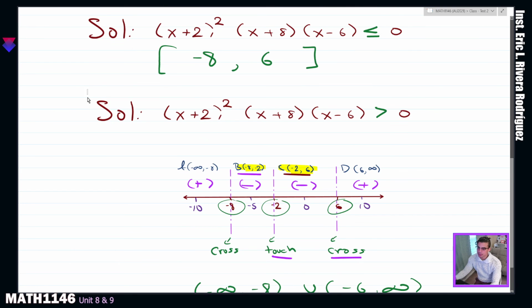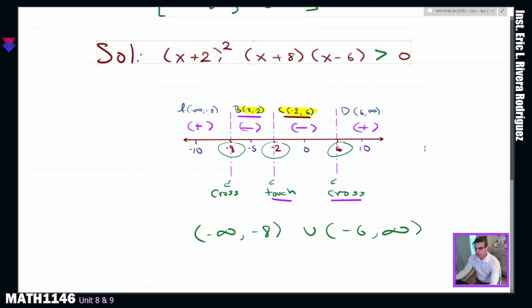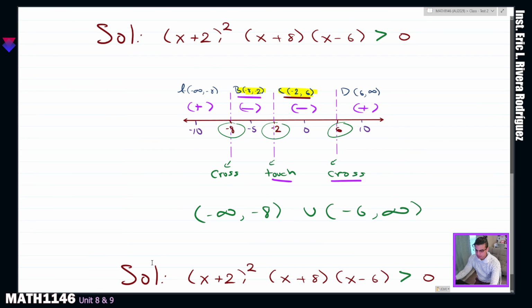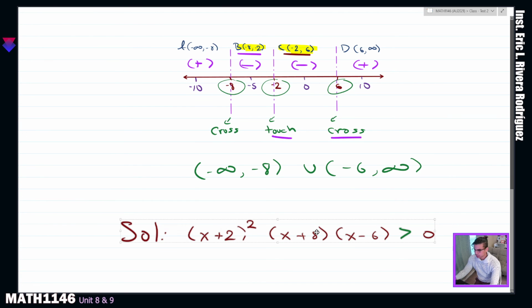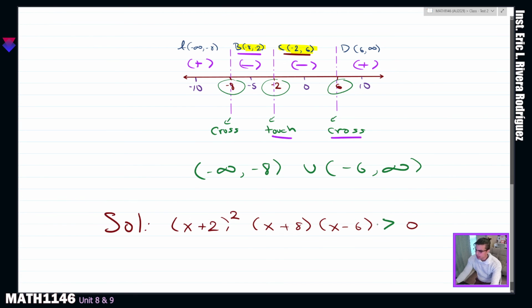And the last one will be when we include greater than or equal to 0. How would you write the solution? What would change?